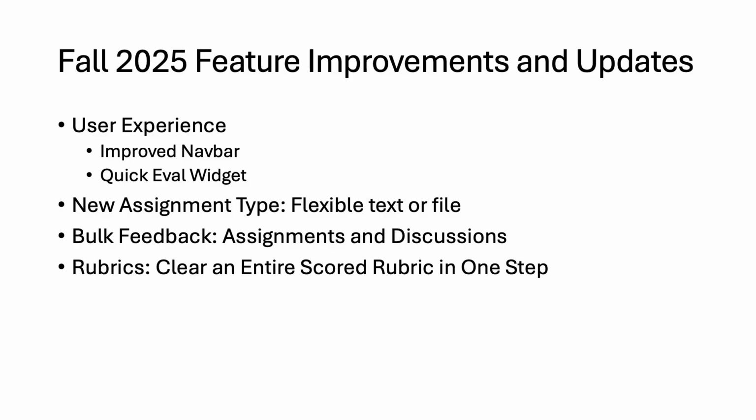The third feature update this summer was the ability to go into a rubric that has been scored and clear the entire rubric. Previously, to clear a rubric, you had to clear each individual criterion on the rubric. Now, in one step, you can clear the entire rubric.